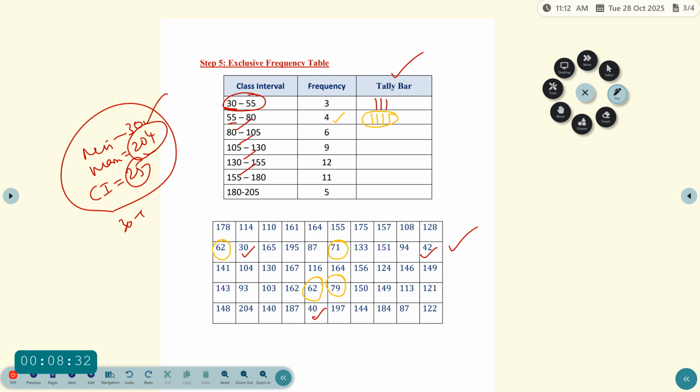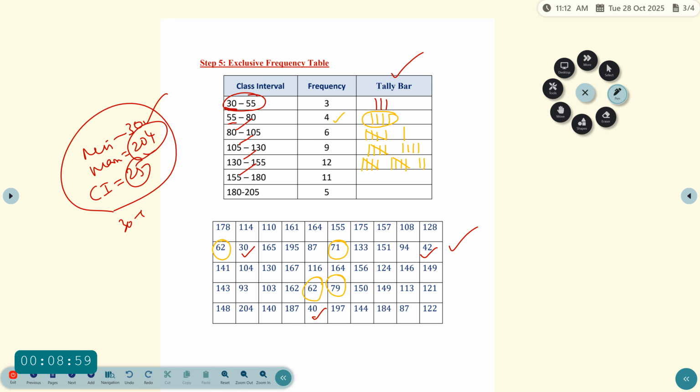In a similar way, we have to count all the values which lie in each particular interval and record them in the table. Then count the tally marks: 5 plus 1, 6; then 9 tally marks; then 5 plus 5 plus 2, 12.